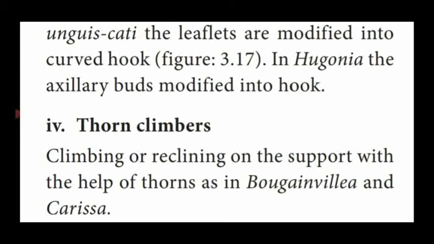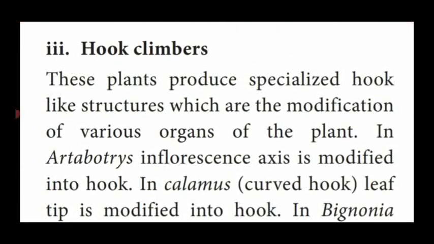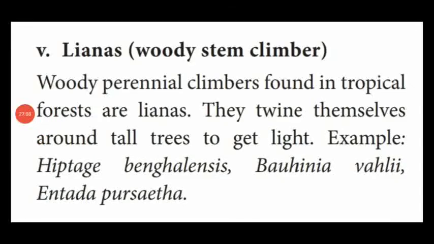So this is the thorn climber. So these are all the different types of climbers. This question is an important book back question and also an important 5-mark question. Another type of climber is lianas.